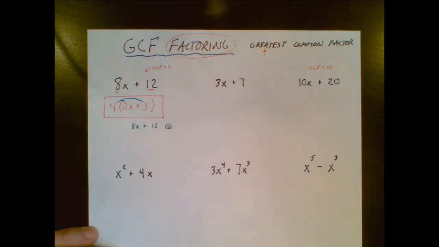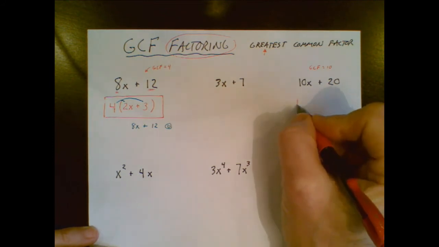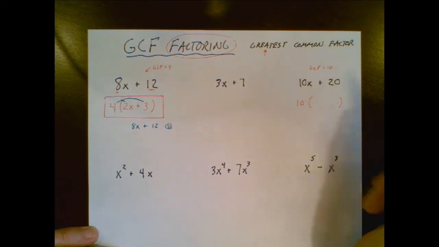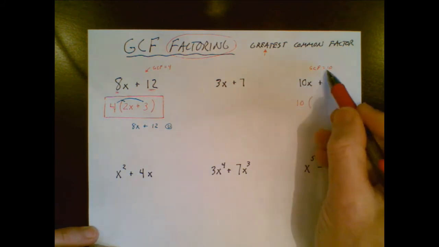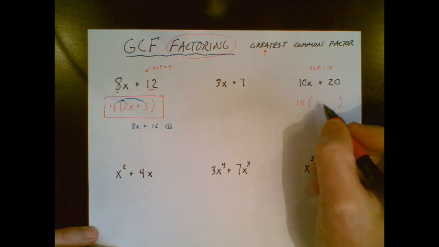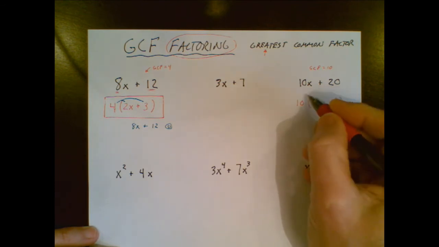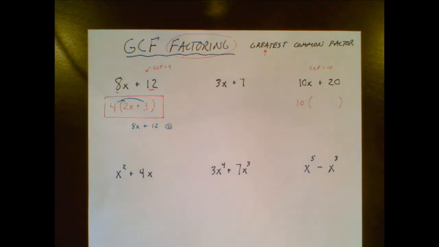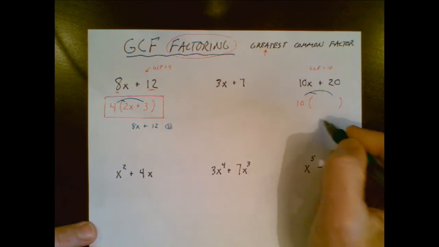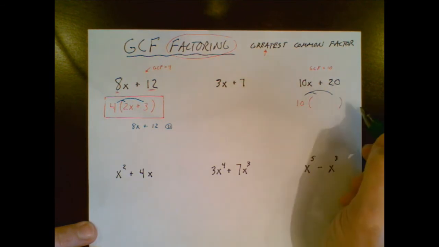That's what's floating around inside my head. I put down the 10, and then I put down the parentheses. Now, 10x divided by 10 leaves me x, but another way to look at it is this. I'm eventually going to have to check myself and distribute the 10 back to make sure I get what I started with.